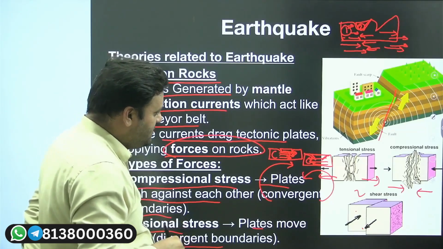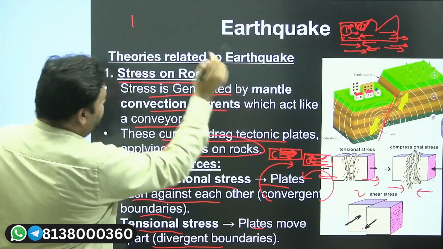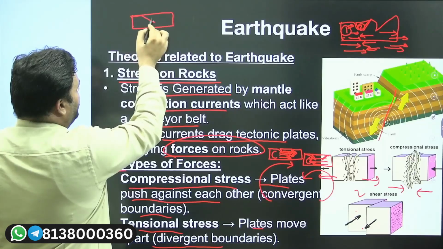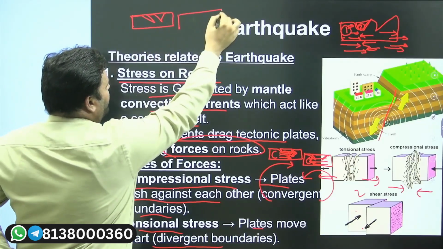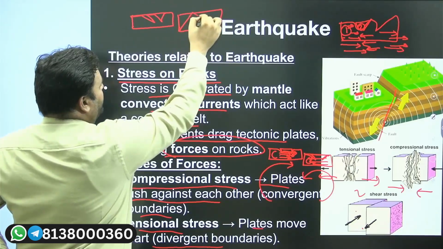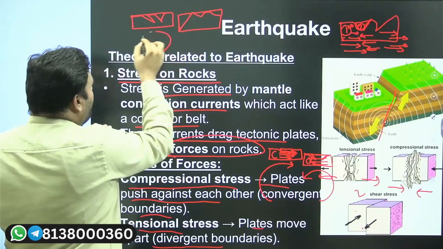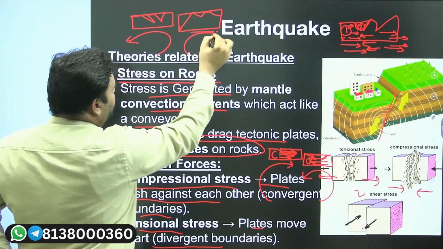All right. When we have a divergence, or when we have tensional forces or stress, suppose we have one plate with a fault this way, and suppose we have another plate with a fault, let's say, in this way. So mantle convectional currents are operating in this way. Because of this, what will happen? There will be a conveyor effect.